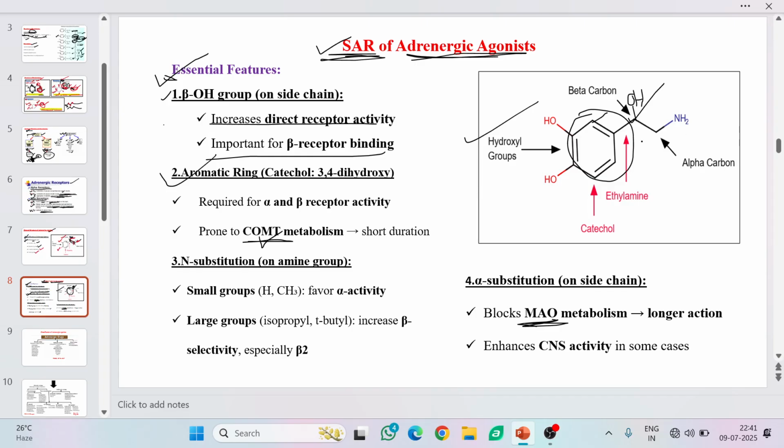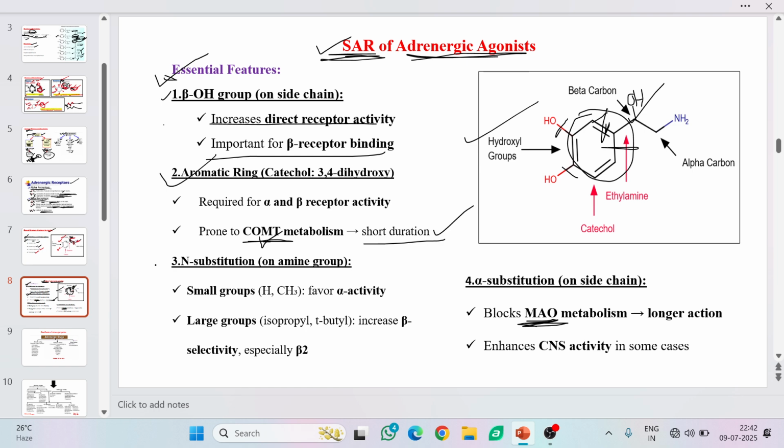All the catecholamine-containing compounds are mainly metabolized by COMT and MAO. So this aromatic ring is prone to being metabolized through COMT, broken at any position into various products. So it is prone to COMT metabolism, and that is responsible for the short duration of the drug.